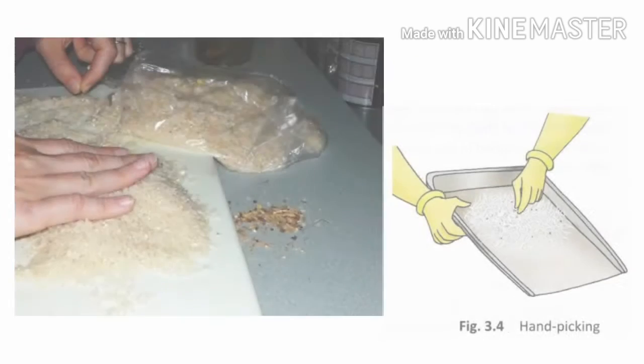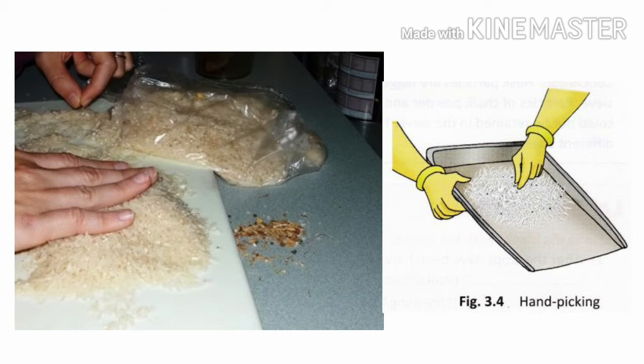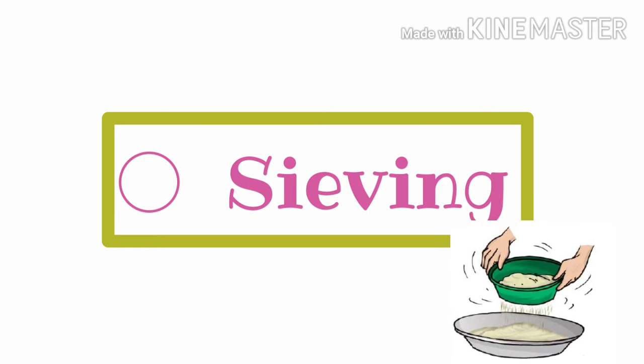For example, undesirable substances such as small stones, broken grains and husks are separated from rice, wheat and pulses by handpicking.